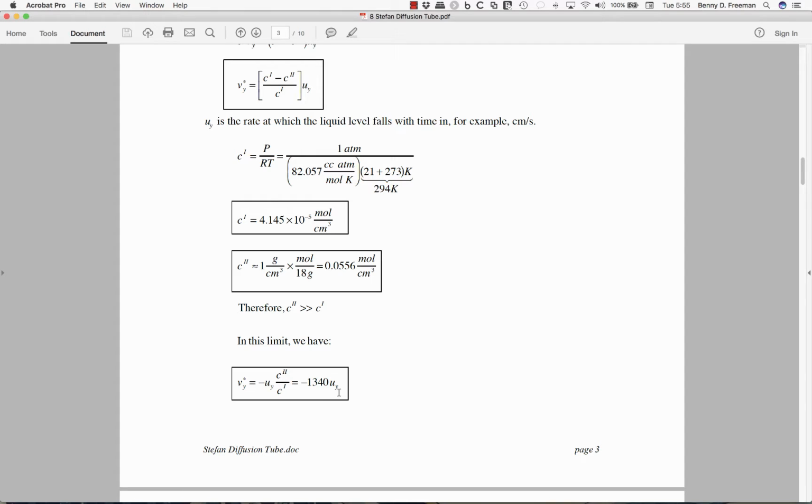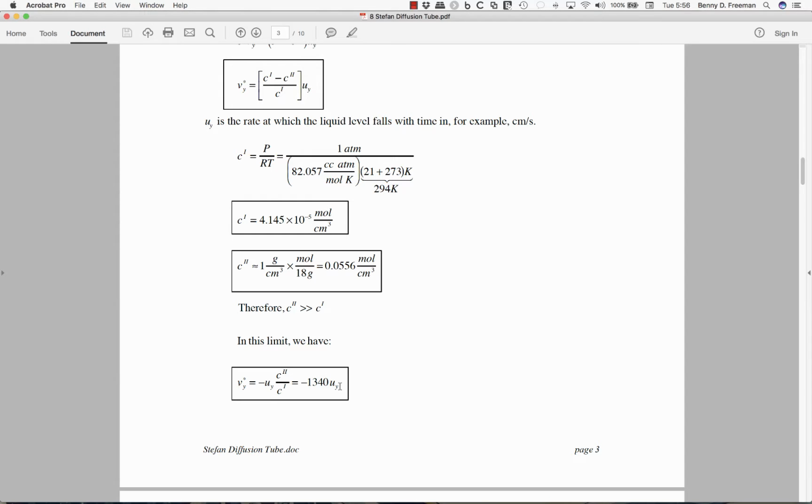And this is giving us a result that we discussed in class intuitively, and that is that the gas phase velocity is opposite the velocity of the liquid vapor interface. That is, as the water evaporates, that liquid vapor interface decreases, and this gives rise to a positive gas phase velocity.